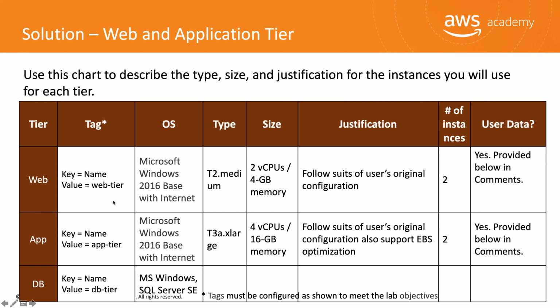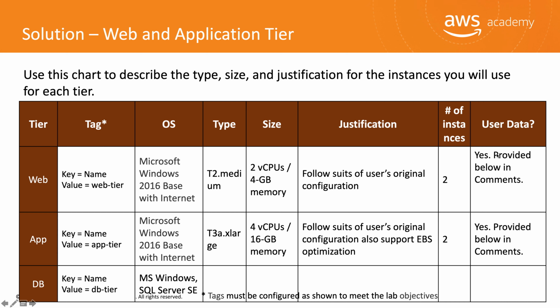stability and security. And for the app tier, we need a T3a.xlarge, which has 4 virtual CPUs with 16 gigabytes memory. Again, we need to follow the users' original configuration. Also, the customer has one specific requirement that the app tier should support EBS optimization.